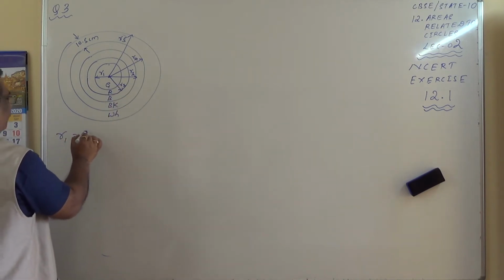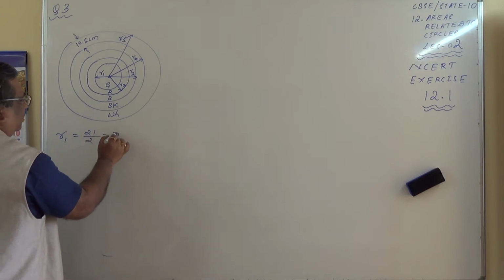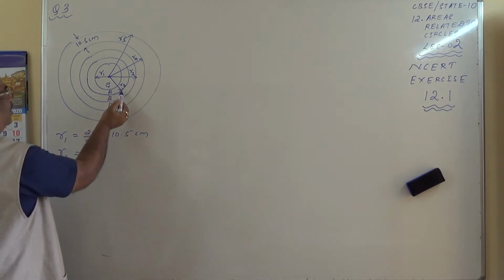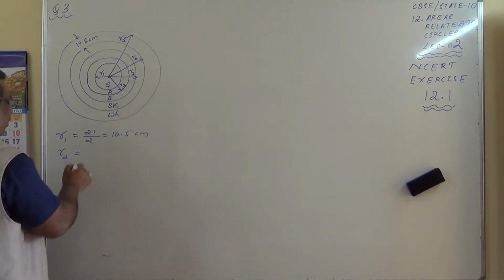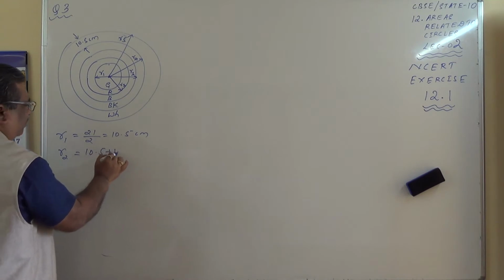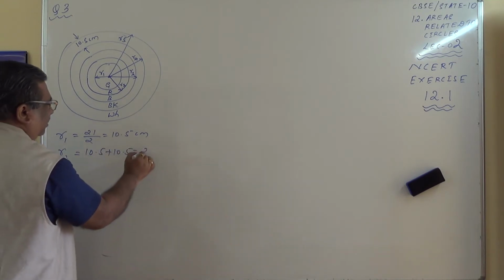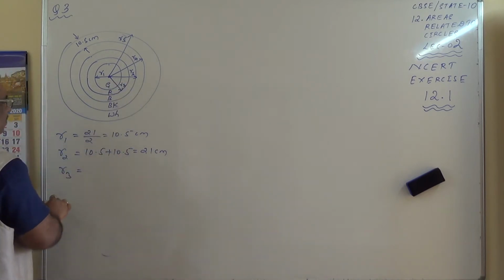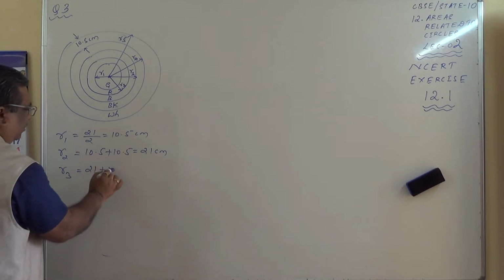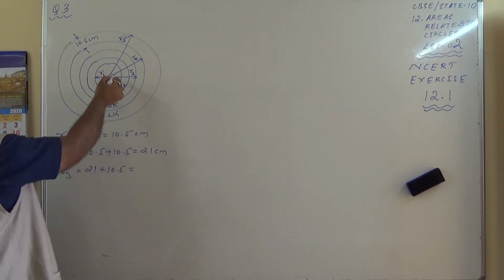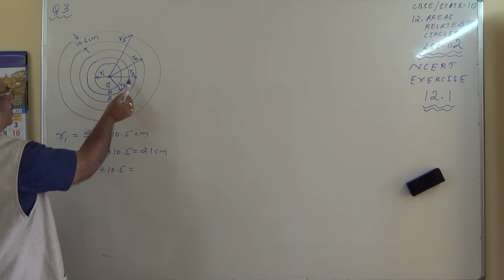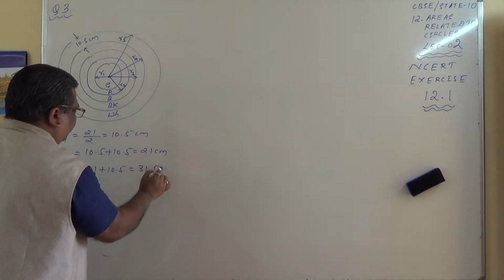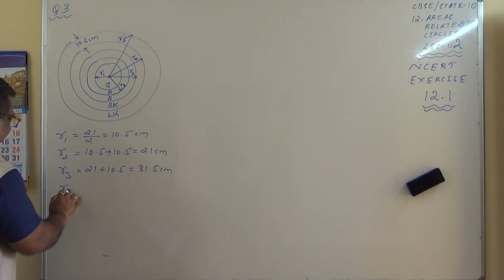R1 equals 21 divided by 2, which is 10.5 centimeter. R2 equals 10.5 plus another 10.5, which is 21 centimeter. Then R3 is equal to R2 plus the bandwidth, that is 21 plus 10.5, so this is 31.5 centimeter.